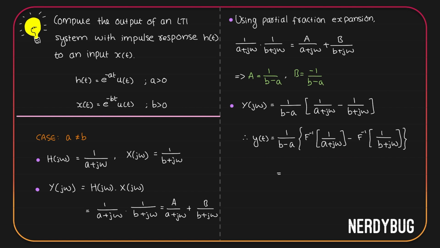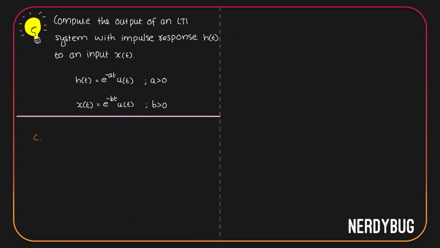So we can easily write y of t here as 1 by b minus a multiplied by e raised to minus at u of t minus e raised to minus bt u of t. So let's keep u of t here as common. Now this is only if a is not equal to b.